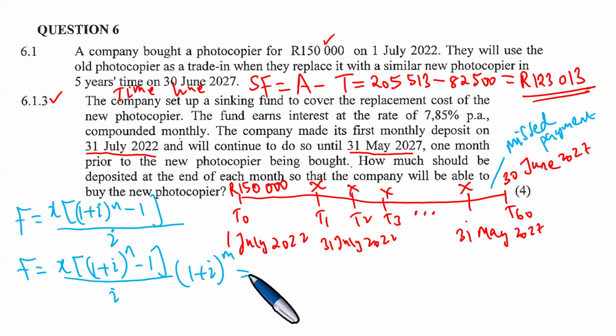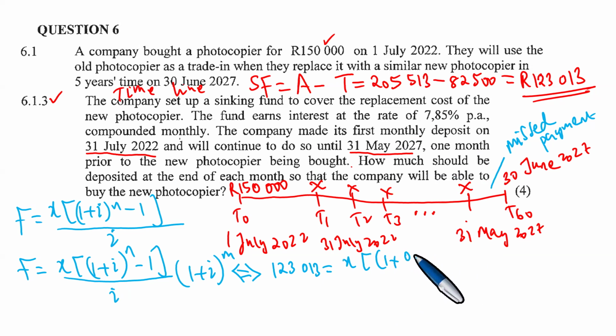Okay, so let us substitute everything at this point. What is the future value? 123,013. X. Okay, now what is this one? Divide 7,85 by 100.